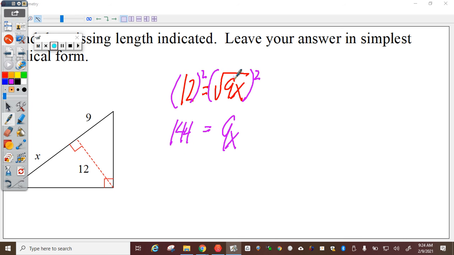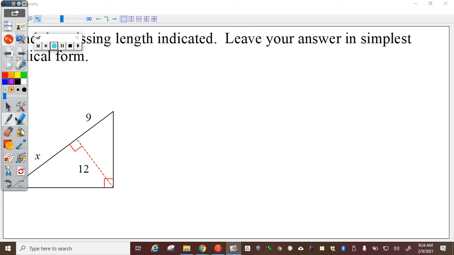This square took care of this square root. They canceled each other. Okay? So therefore, we have 144 divided by 9, and that's going to give me 16. Okay? All right.